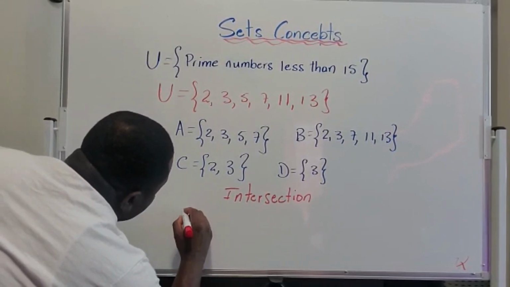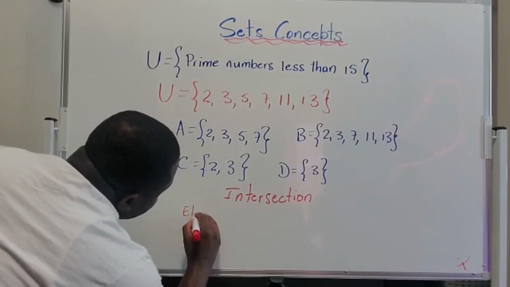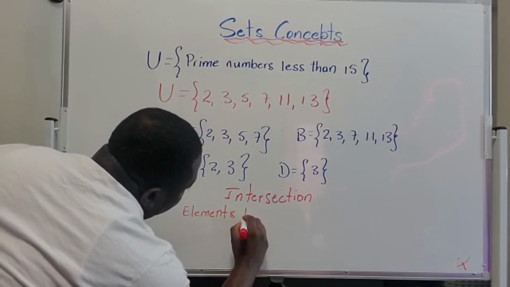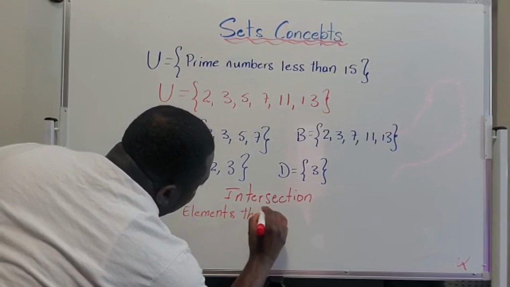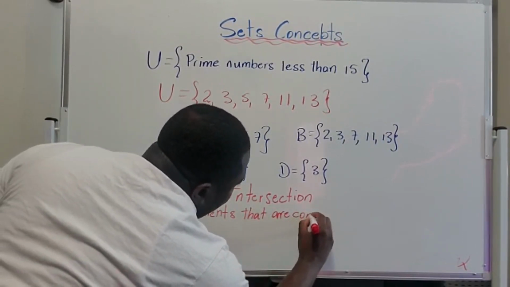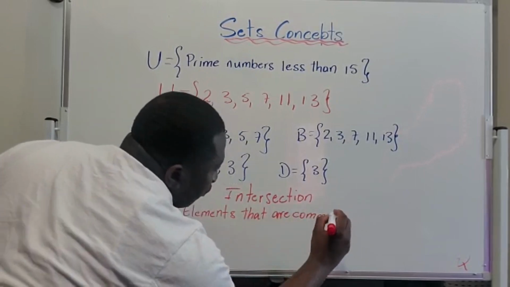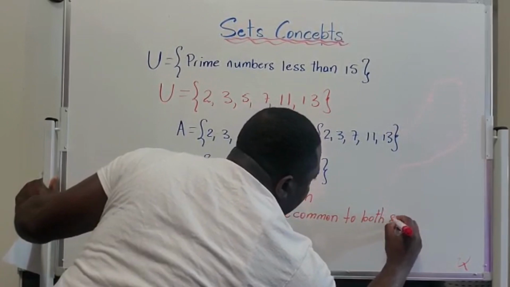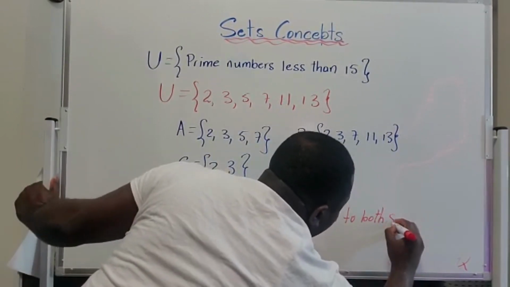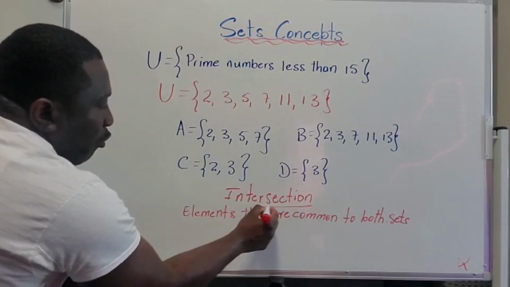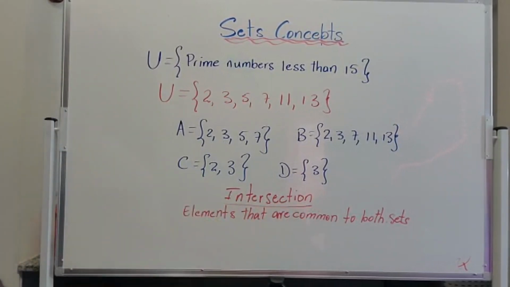So I'm looking at elements that are common to both. So for this intersection, we are looking at elements that are common to both sets.